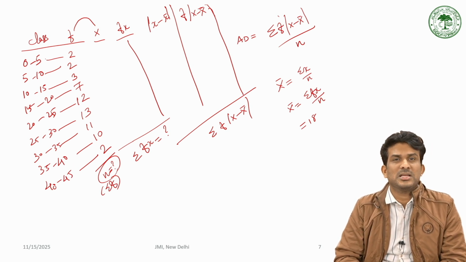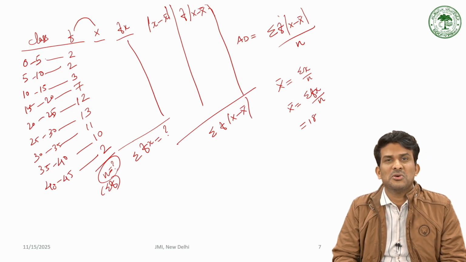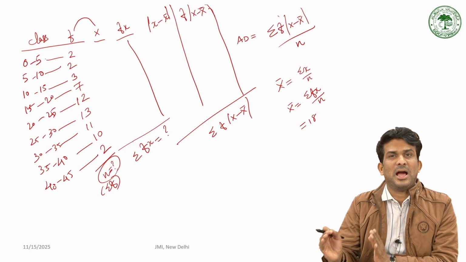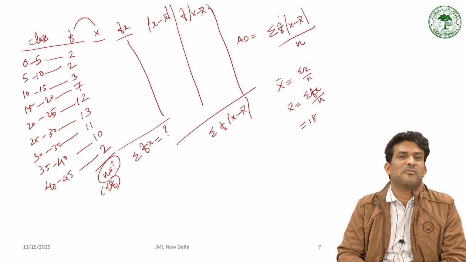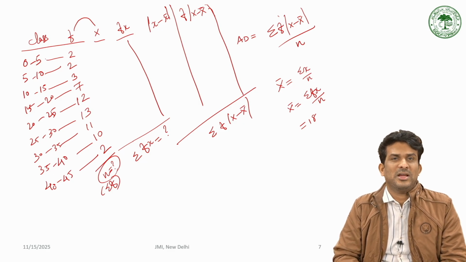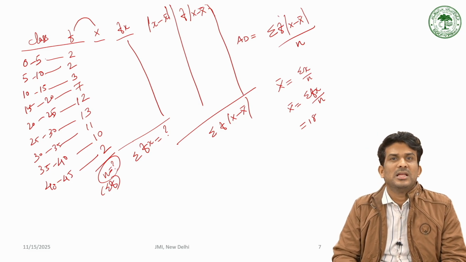Generally, we use the midpoint because a class is 10 to 15, so there is no single label. So we mention the midpoint and identify the class through it. Once you get the midpoint, you go for the arithmetic mean: midpoint into frequency, fx, take the total and divide it by the number of observations.